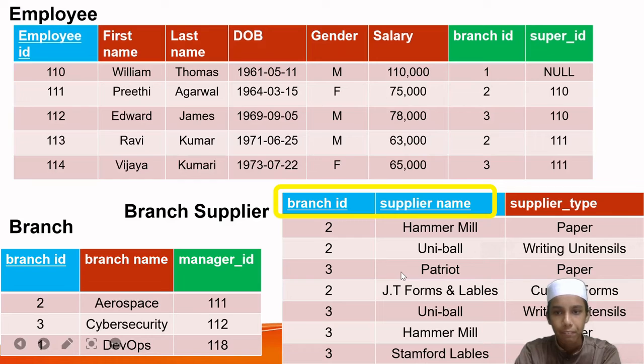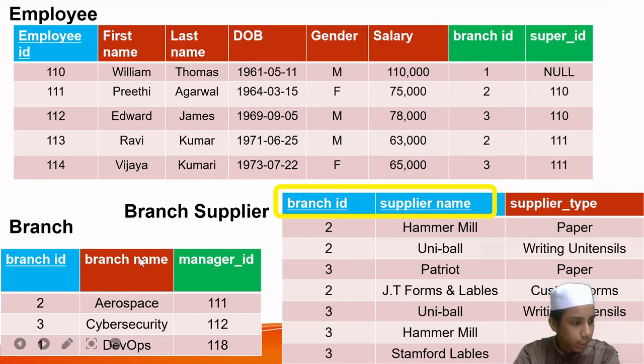So the branch ID column cannot uniquely identify each row, and the supplier name cannot uniquely identify each row. So that's why we have given these two columns as primary keys.